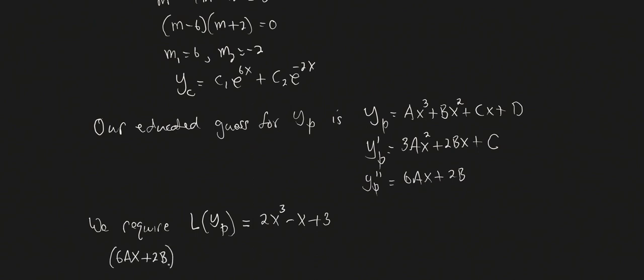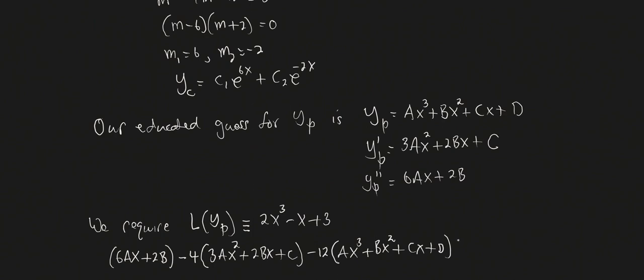It's going to take your second derivative, and then minus 4 times your first derivative, which is 3ax squared plus 2bx plus c, and then minus 12 times your y sub p, your original guess, ax cubed plus bx squared plus cx plus d. And in fact, let me put the identical sign there. So we want this to be an identity.